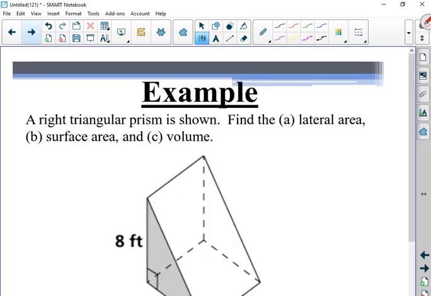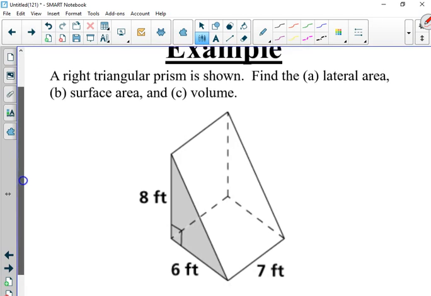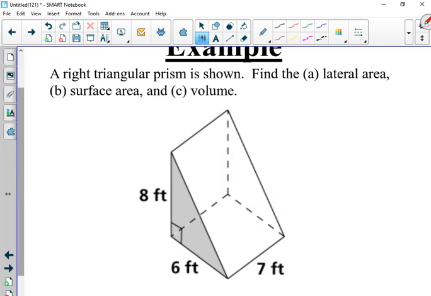Alright, so a right triangular prism is shown. Find the lateral area and the surface area and the volume. So once again, lateral area is the perimeter times the height. Now remember, a lot of people are going to go, oh, well, here's the height right here, because look, it's standing straight up. But that's not it.